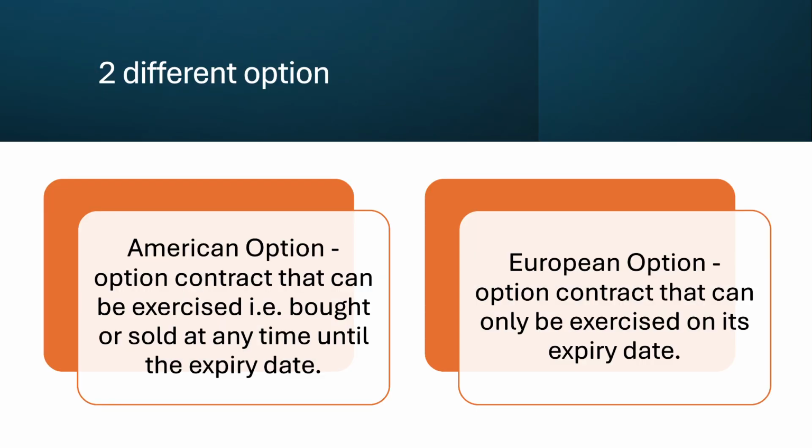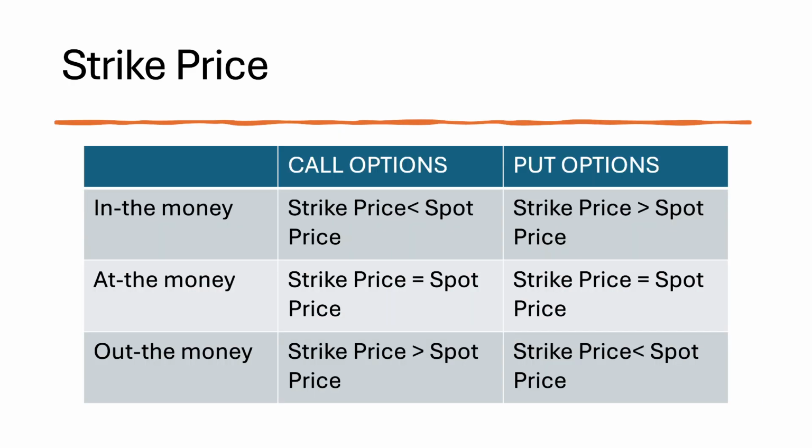When it comes to option contracts, there are different strike prices. I hope we all know this. There are three types of strike prices: in the money, at the money, and out of the money, and I also mentioned how they are calculated. At the money is where the market is trading.